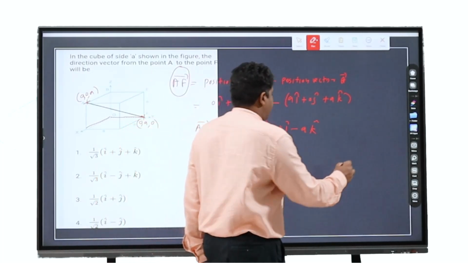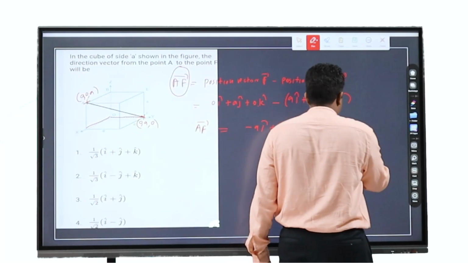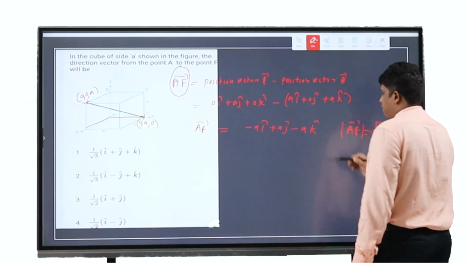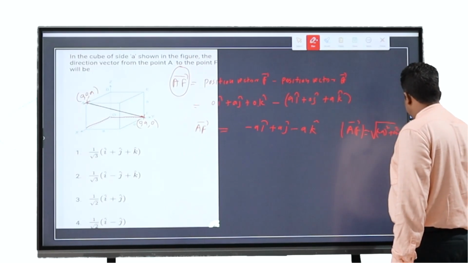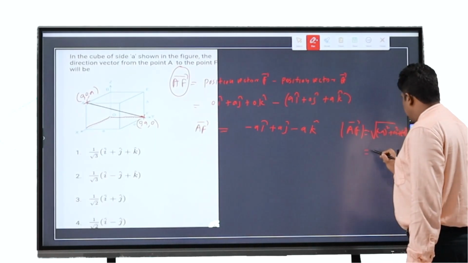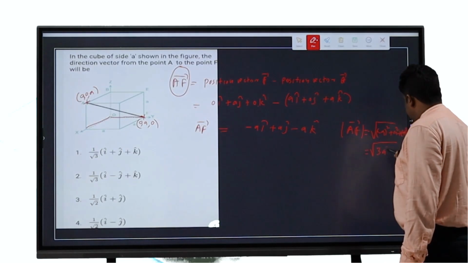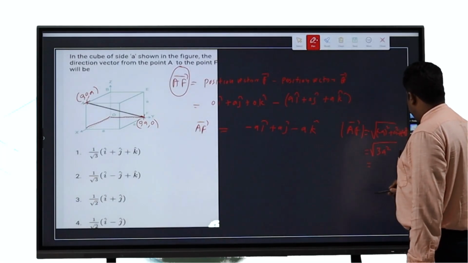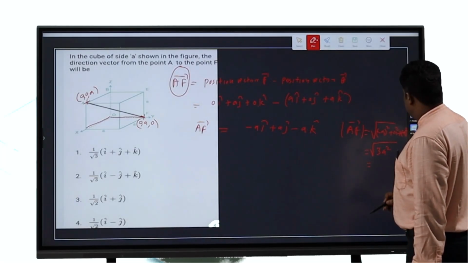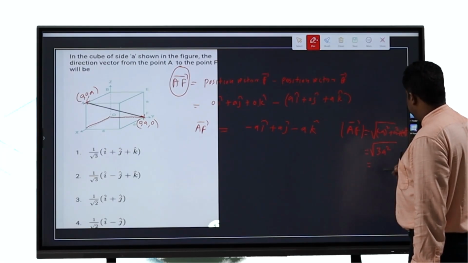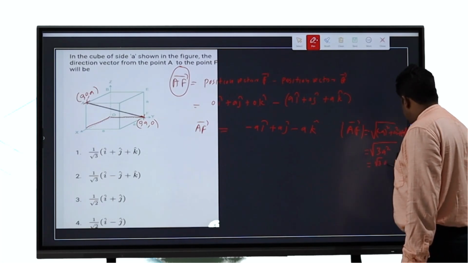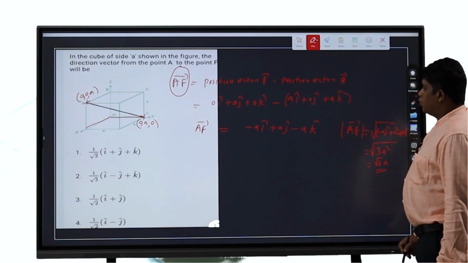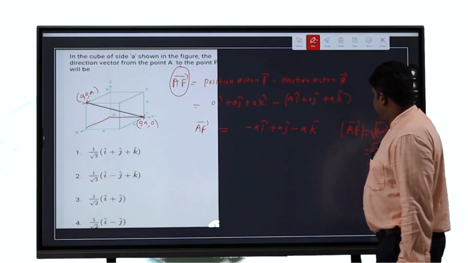Then the magnitude of AF is the root of minus a squared plus a squared plus minus a squared, which is the root of 3a squared, which is root 3 a.